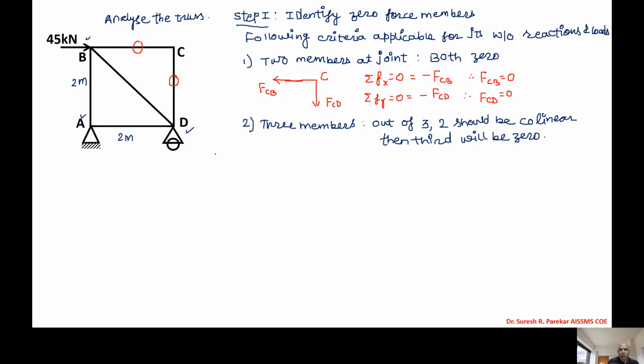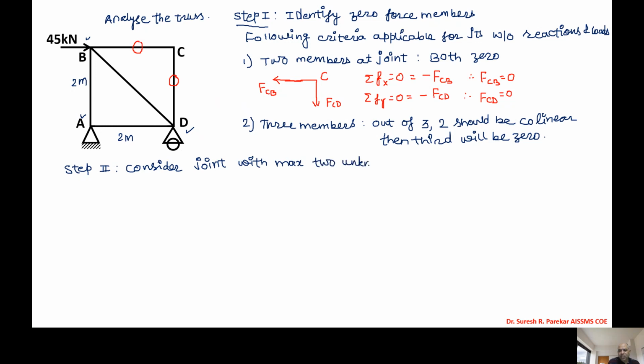What is step 2? Step 2: consider the joint with maximum two unknowns. Why two unknowns?